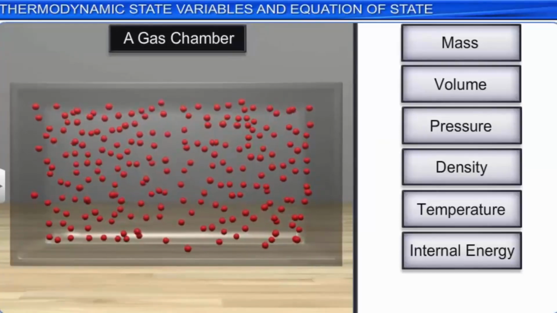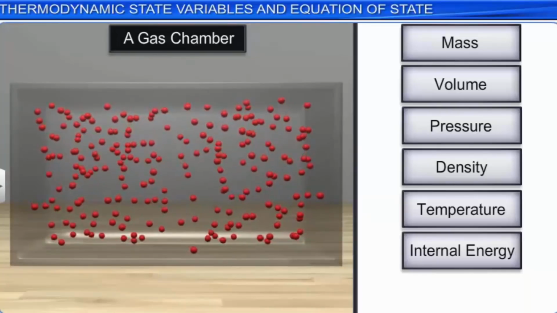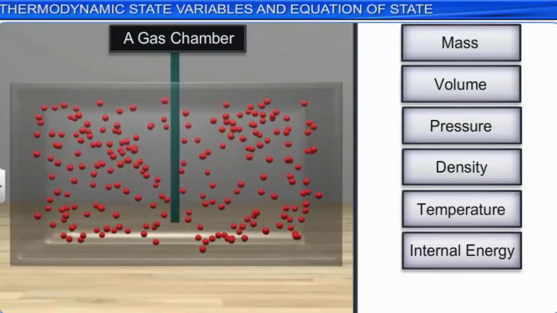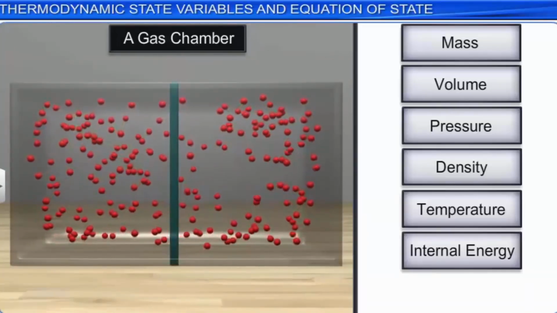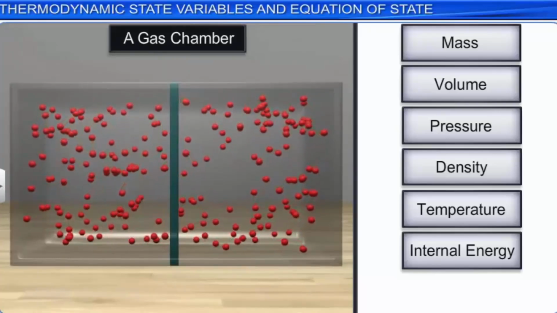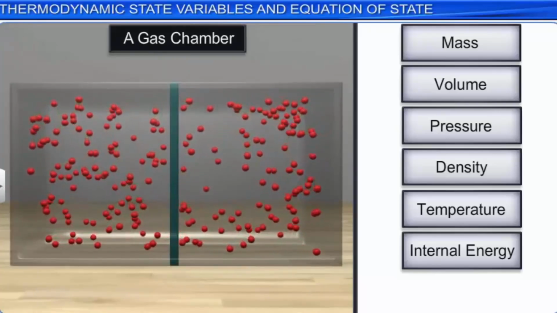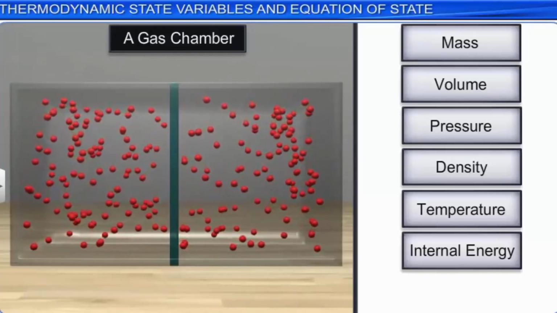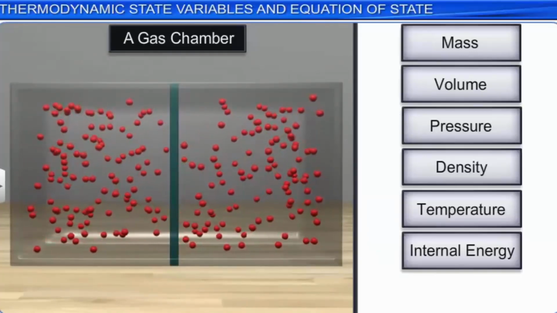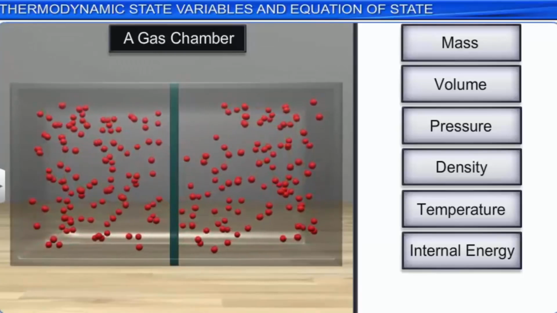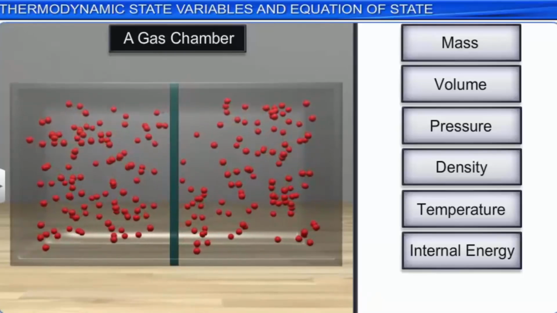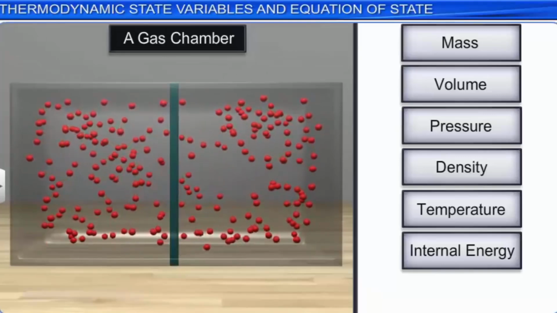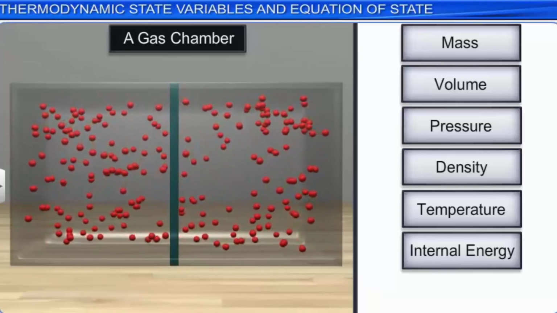If a system of gas in a chamber, that is in an equilibrium state, is divided into two equal parts, the variables that remain unchanged are intensive and variables whose values are halved are extensive. We can see that there will be no change in the pressure, density and temperature of the gas.